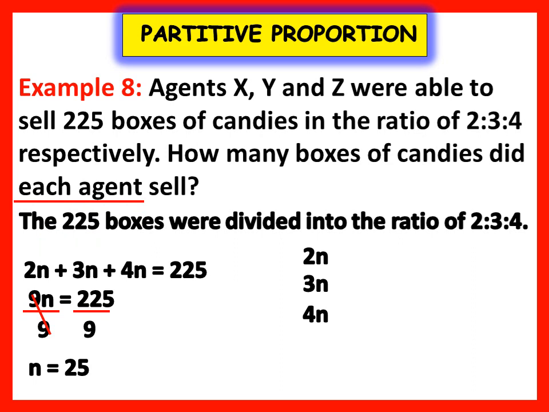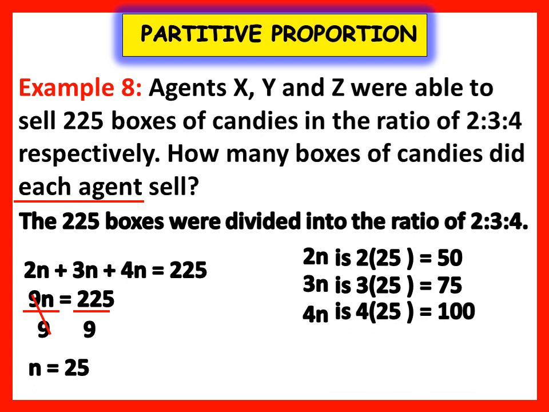But we are being asked how many boxes of candies each agent sold. So we are going to find the number of boxes of candies for agents X, Y, and Z. So for 2n, that is 2 multiplied by the value of n, which is 25, and 2 times 25 is 50. For 3n is 3 multiplied by 25 equals 75.